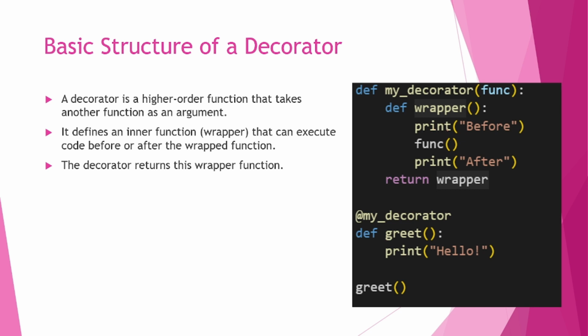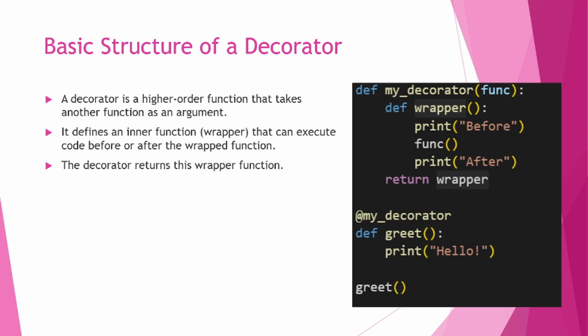So in this case it will only print something before and after, but in practice it can apply some other code, whatever you wish, and how long you wish it to be. And every decorator has this line of code return, so it returns the wrapper function. So it defines the wrapper and it also returns the wrapper. So this is a basic structure of a decorator.